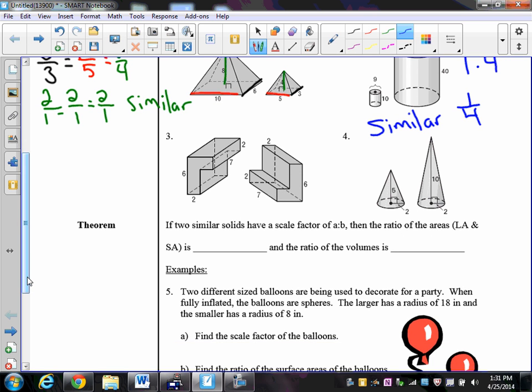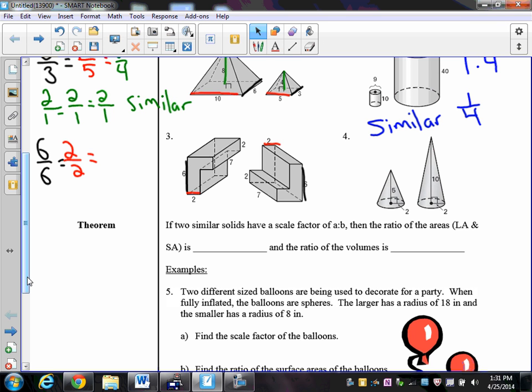For number 3, I do have solids. It's not one of the shapes that are on my formula sheets. It's a composite shape. But if I want to compare the side lengths, I see I would have 6 over 6 is equal to 2 over 2, which is equal to 7 over 7.